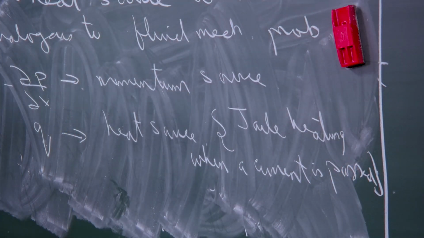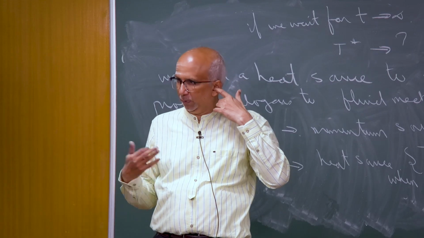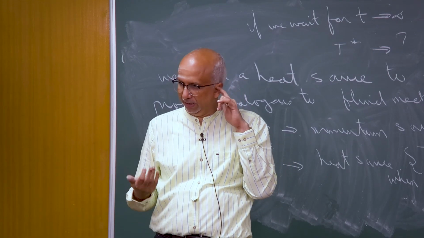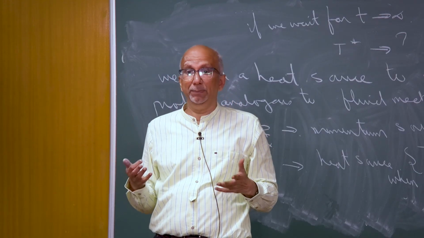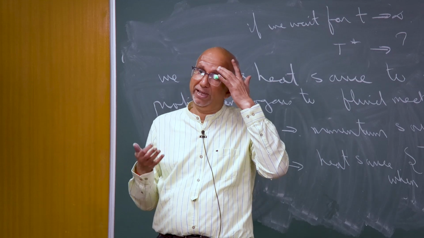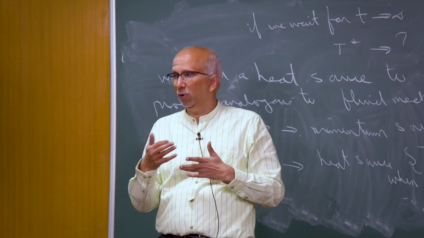Of course, you can have an exothermic reaction which can also be generating heat, as our chemical engineers will talk about, but the problem is the rate of heat generation depends upon the temperature because of the Arrhenius temperature dependency. So, that becomes non-linear.